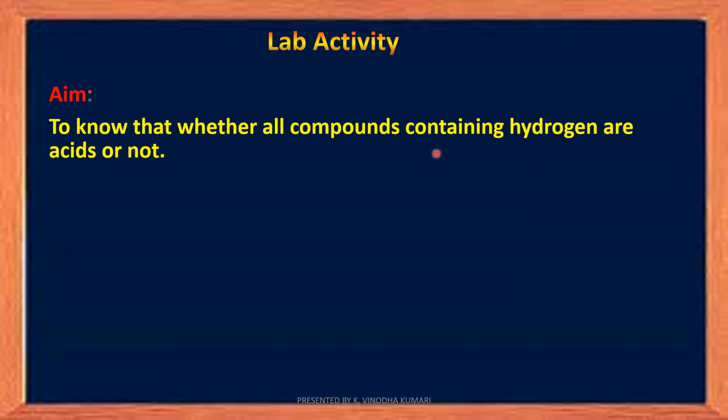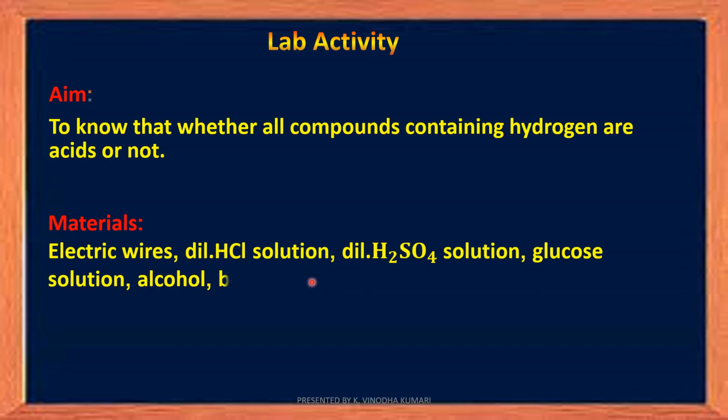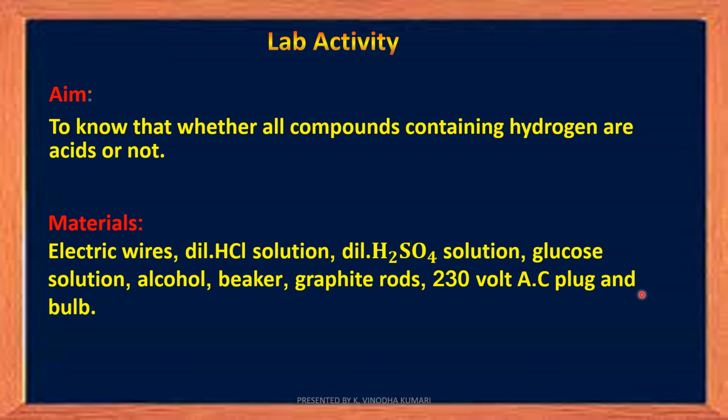The materials required for this activity: we have to take some electric wires and some solutions, dilute hydrochloric acid solution, H2SO4 solution, glucose solution, and alcohol, a beaker, two graphite rods, a 230-volt AC plug, and a bulb.